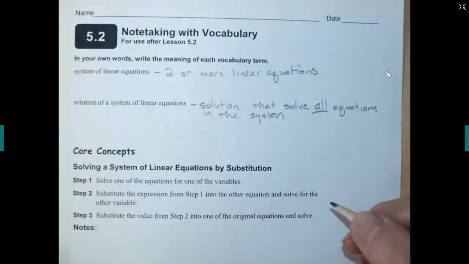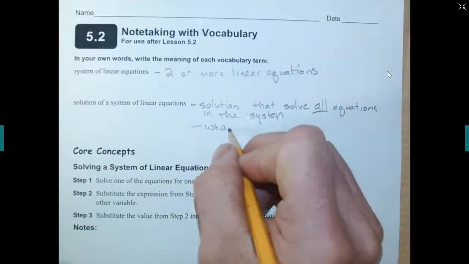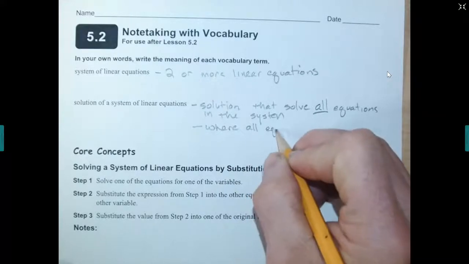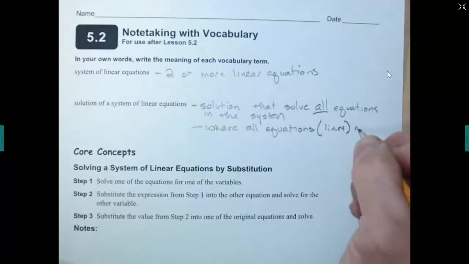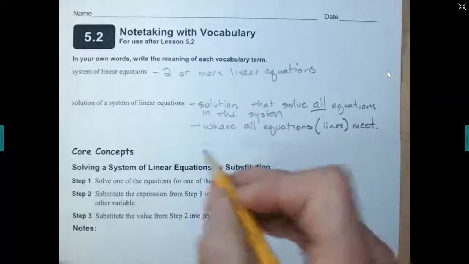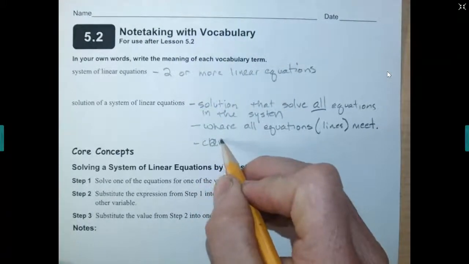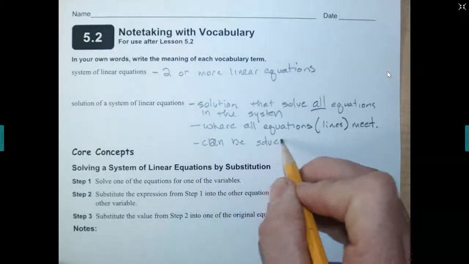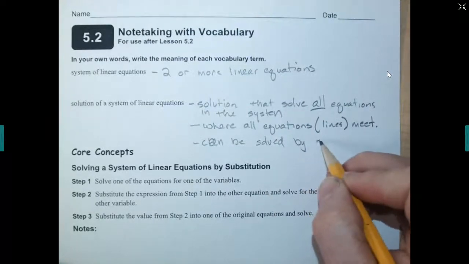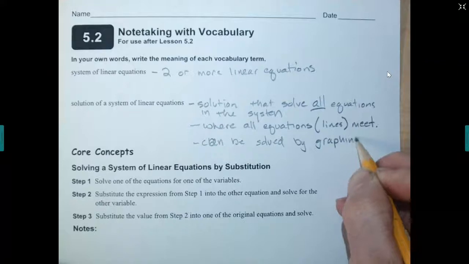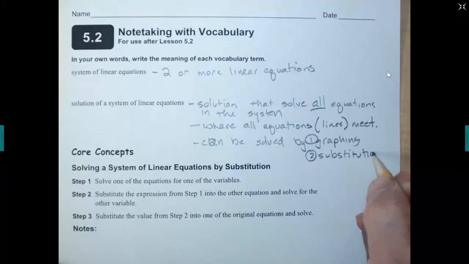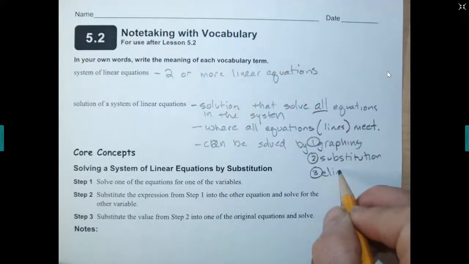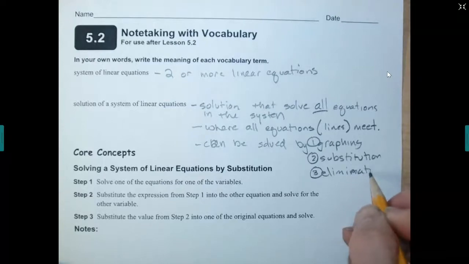Or, a simpler answer, is where all equation lines meet. And this can be solved by graphing, substitution, or elimination. Okay?